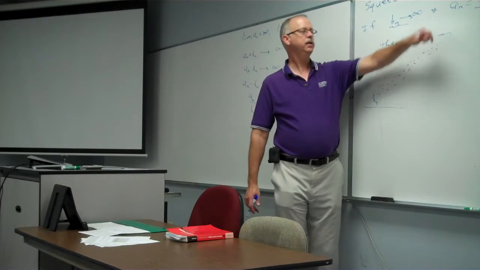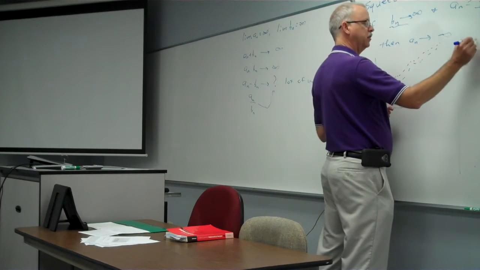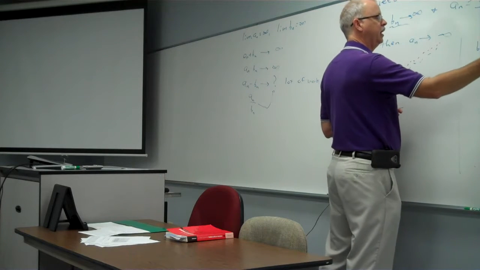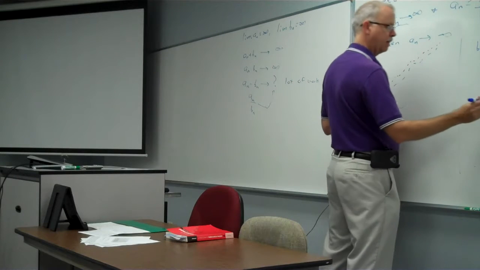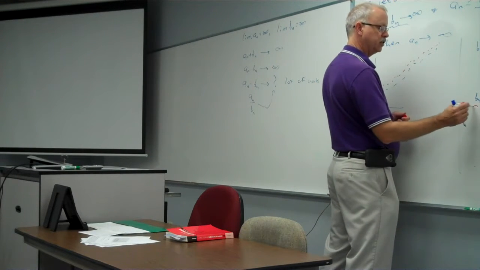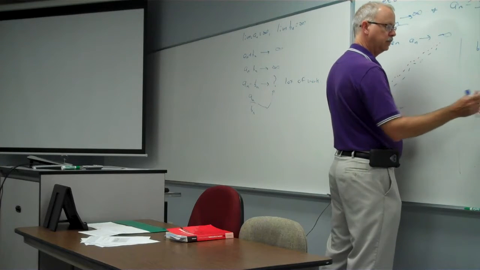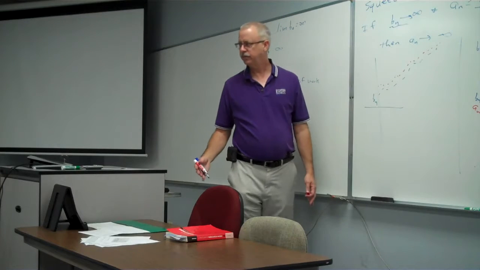On this, so let's even look with this. If B sub n goes to infinity and A sub n is less than or equal to B sub n, so we've got B sub n and we've got some A sub n's that are smaller, do we know anything about A sub n?